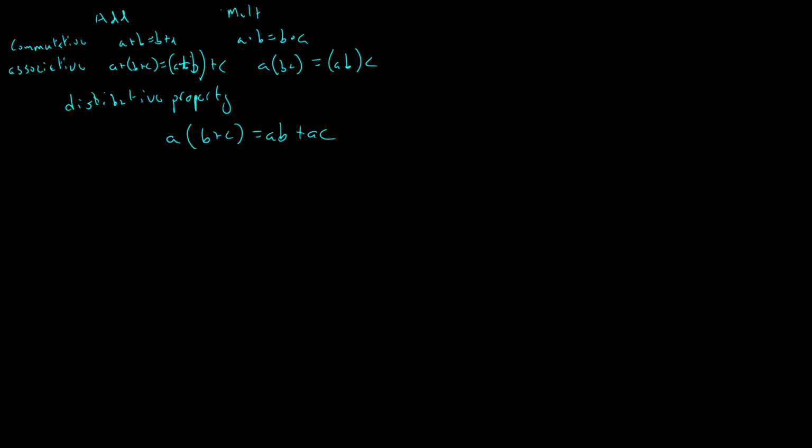And we will always want to remember our identities, which is a plus 0 equals a, and a times 1 equals a, because we'll find creative ways to write these things to help us with our expressions. So let's use a couple of these.